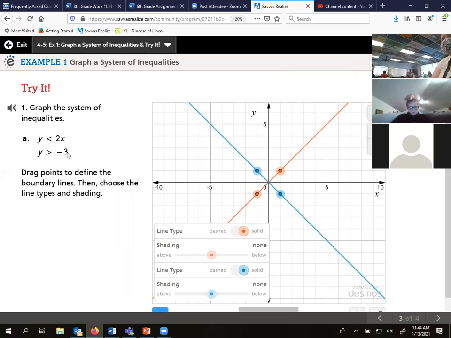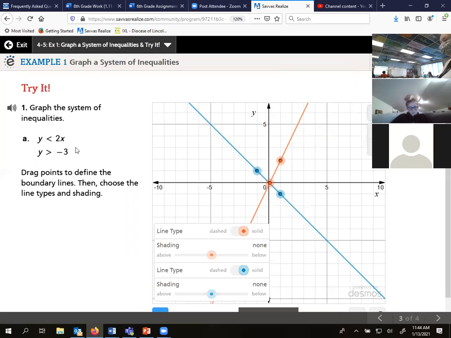Remember, it's that plus b that tells us where it crosses, and since there's nothing there, it's 0. Okay, what is my slope? 2. Okay, not the x. So we'll start here, and we'll go up 2 over 1. Okay, that is our first line.